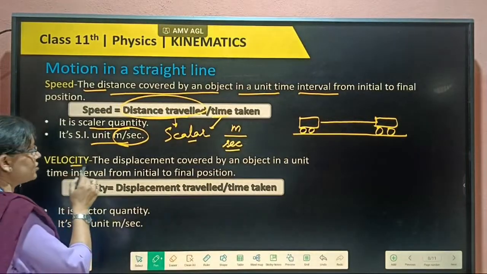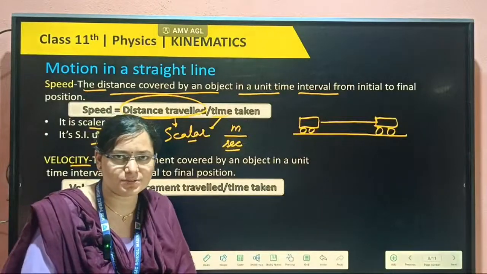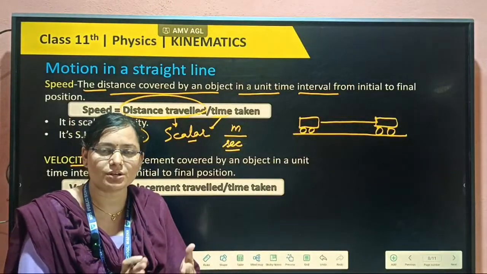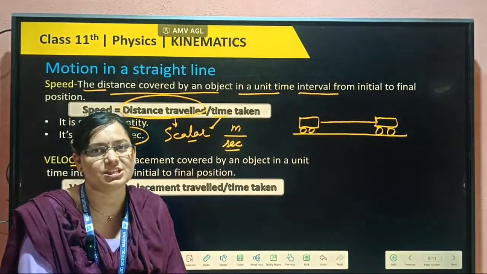Next, velocity is the displacement of an object per unit time. It is the shortest path covered by an object, and how much time it takes to cover that shortest path.